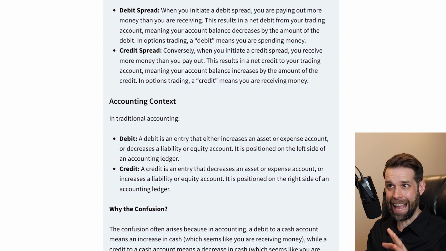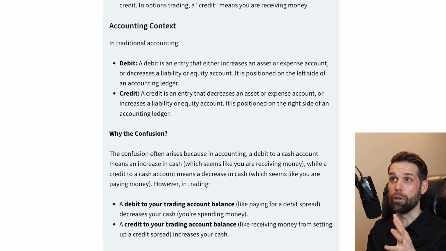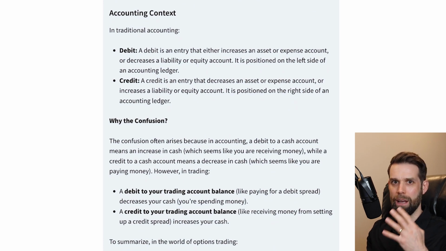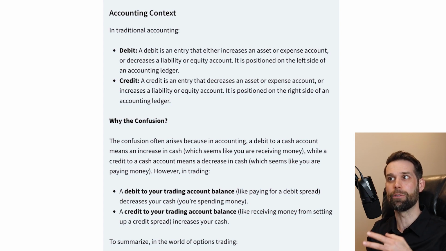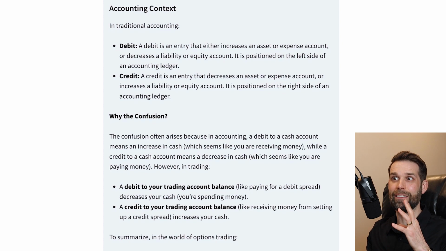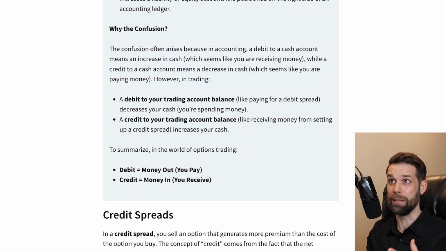Now, the accounting context is a little bit different, and that's where my brain goes. A debit is an entry that either increases an asset or an expense account, or decreases a liability or an equity account. And then a credit is an entry that decreases an asset with accounting. So there is a little bit of confusion there. Hopefully this doesn't confuse you even more.